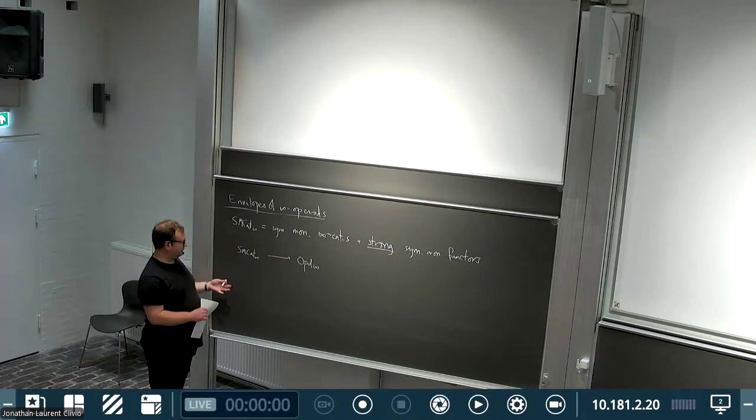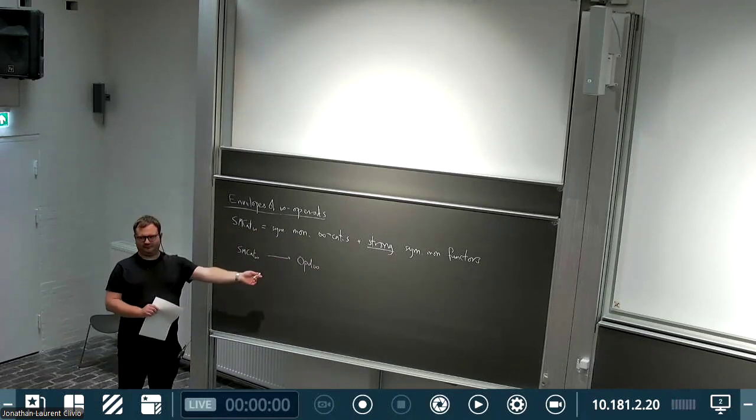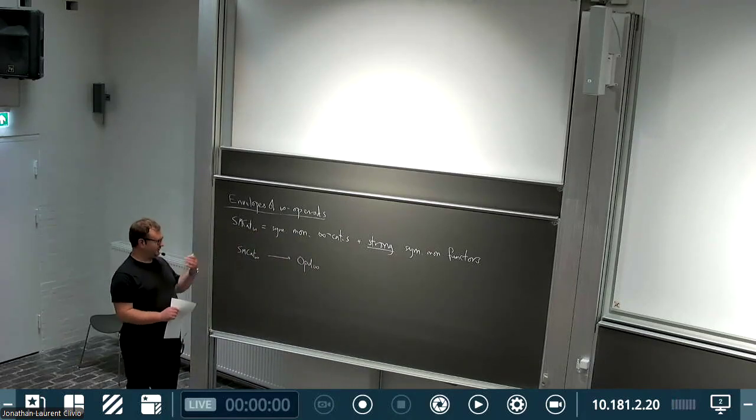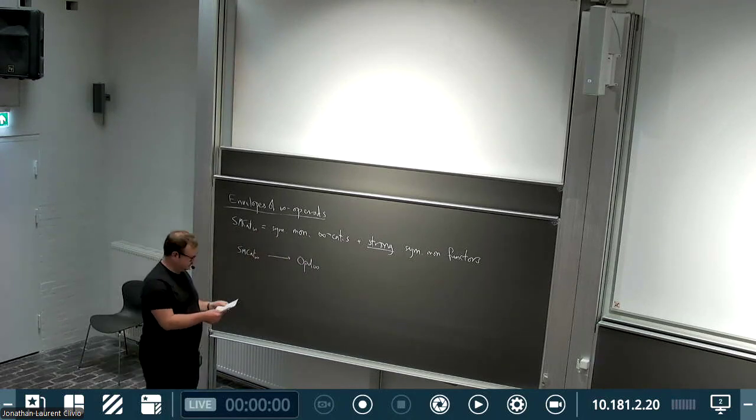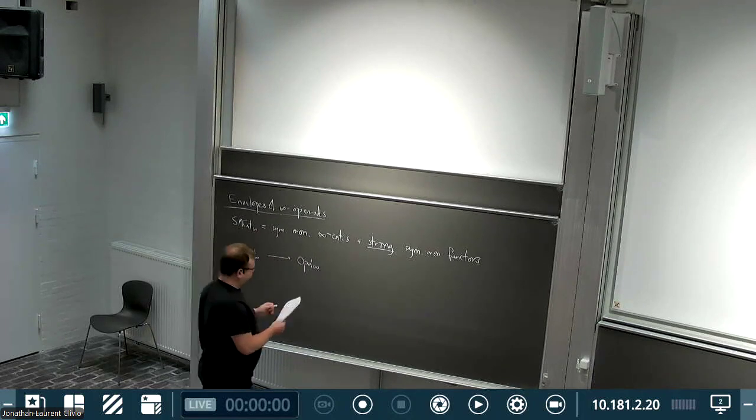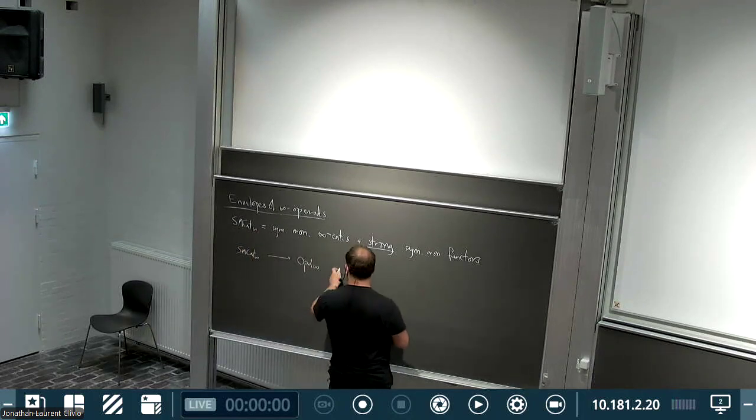It's the subcategory where the objects are Operads with Cartesian fibrations, and the morphisms are those that preserve all Cartesian morphisms. And so the idea of this envelope construction is that this functor has a left adjoint.